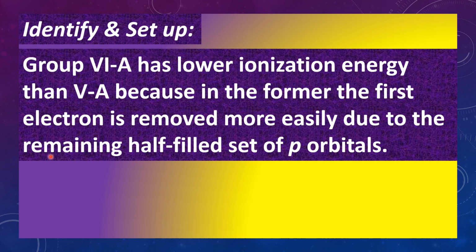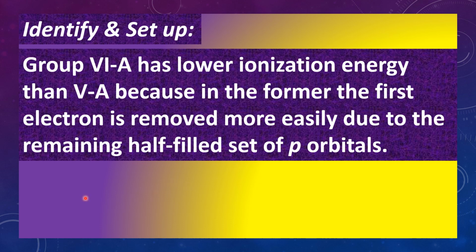Although the general trend within a period is increasing from left to right, group 6A elements have lower ionization energy compared to elements belonging to group 5A because in group 6A, the first electron is removed more easily due to the remaining half-filled set of p orbitals. All right?